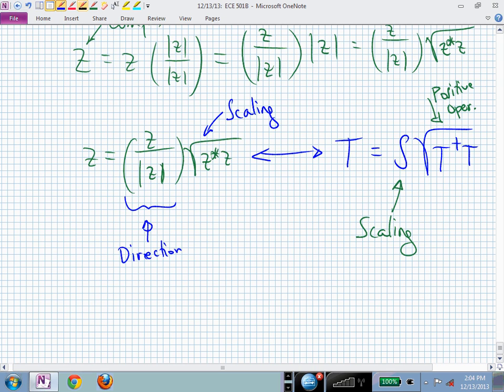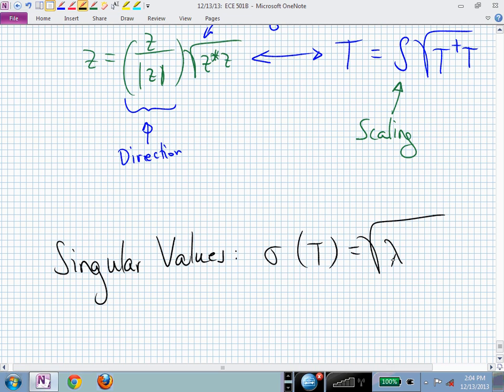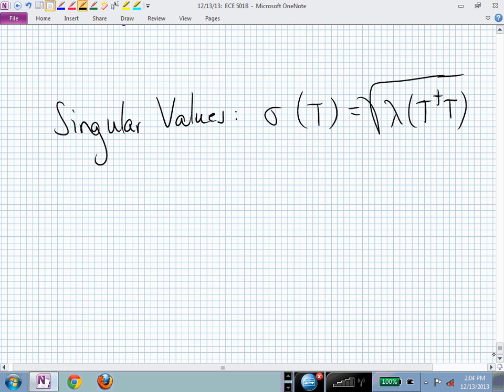And once we have that, then we started talking about the eigenvalues of this positive operator, the square root of T dagger T. And we called those singular values, where the singular values of T are the positive square roots of the eigenvalues of T dagger T. And this, as an operator, since it's positive, we can find orthonormal basis vectors for it.